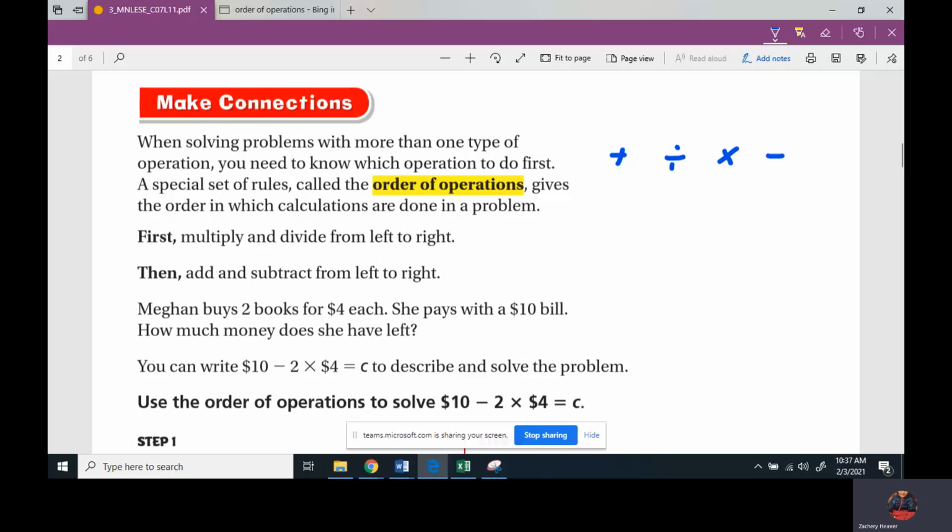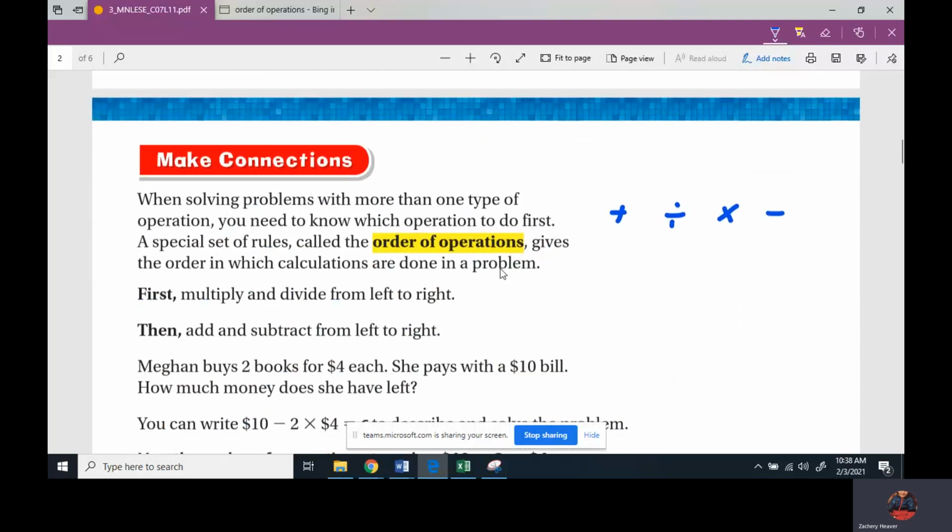Okay? First, you multiply and divide left to right. So the first thing you always have to do is multiply or divide, whatever one comes first, left to right. Then we have to add and subtract left to right. If subtraction comes first, you subtract first. If adding comes first from left to right, then you add first.